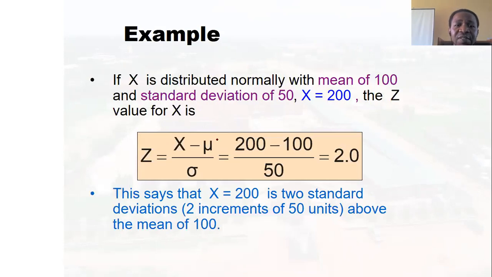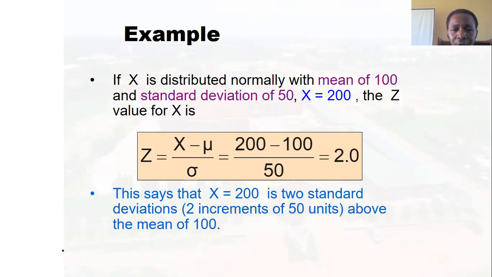If X is distributed normally with a mean of 100 and a standard deviation of 50, and X equals 200, the Z value is what? We use the same formula: X minus the mean divided by the standard deviation. Our X is 200, our mean is 100, divided by 50, which is the standard deviation, that will give us a value of 2.